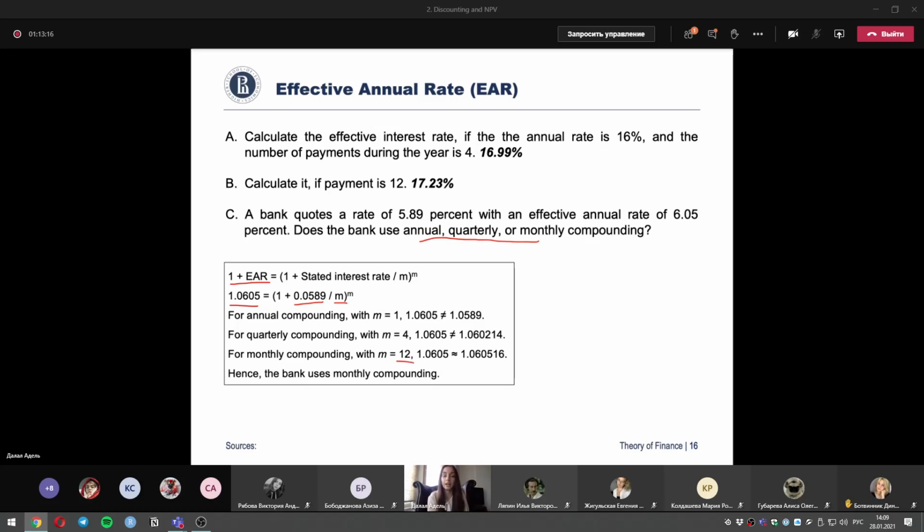So here again, these decimals matter, so better not to round in order to see the difference. So it is in the 4th decimal. We see that monthly compounding provides us the closest result to our effective annual rate in the task. So we can then assume that the bank uses monthly compounding. Any questions regarding this task, this point?